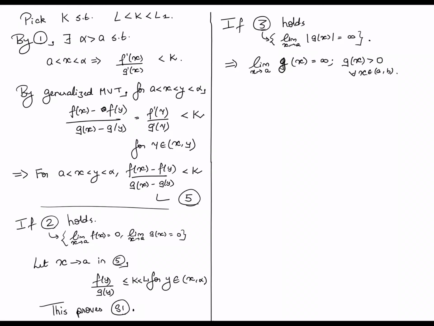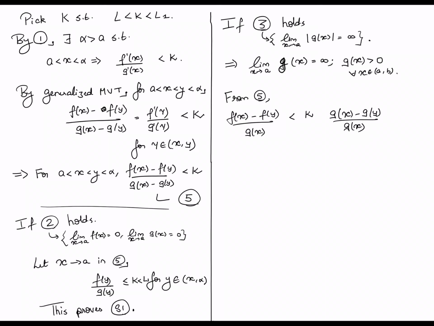Okay, now we are going to go back and apply equation 5. So from 5, what I want to do is separate out f by g. So what we are going to do is write it as f of x minus f of y upon g of x is less than k times g of x minus g of y by g of x.